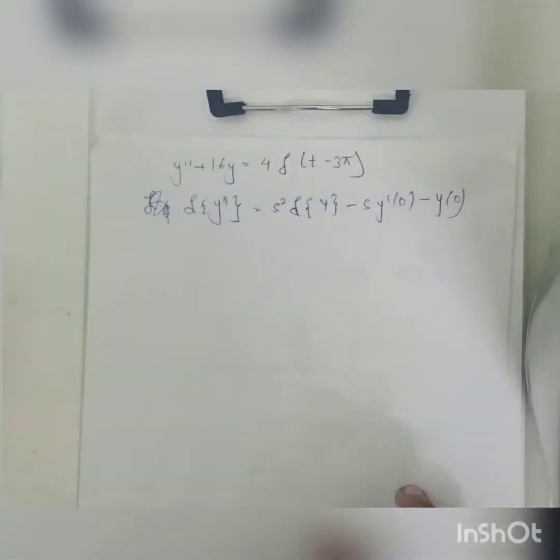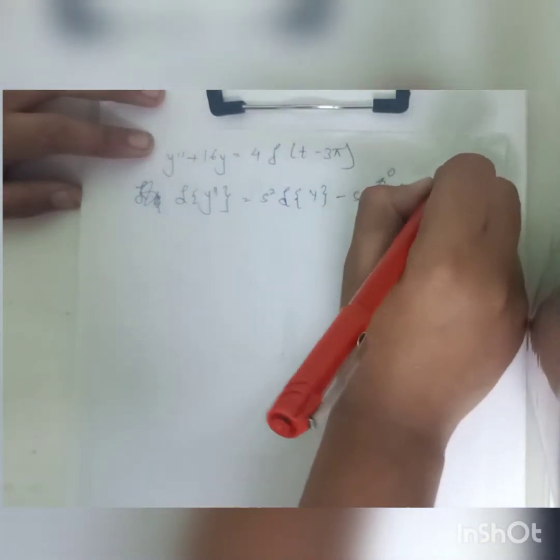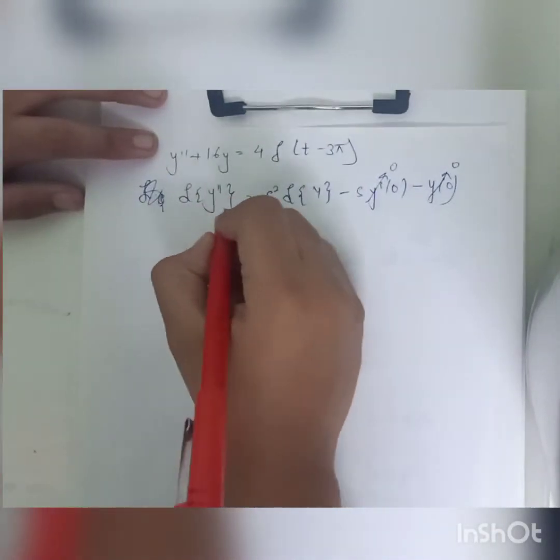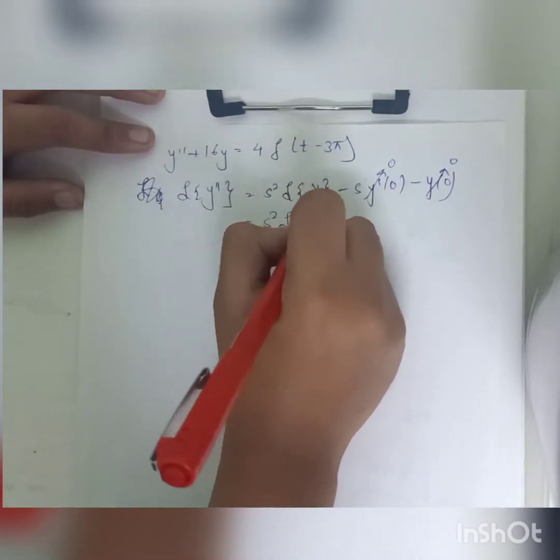Now it is given that y dash(0) and y(0) are 0, so Laplace of y double dash in our case is only s square Laplace of y.